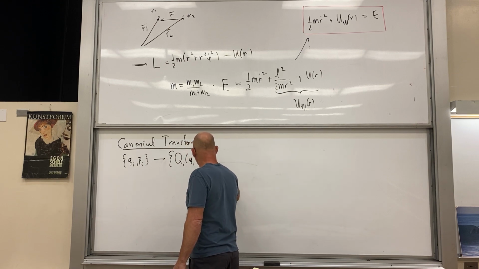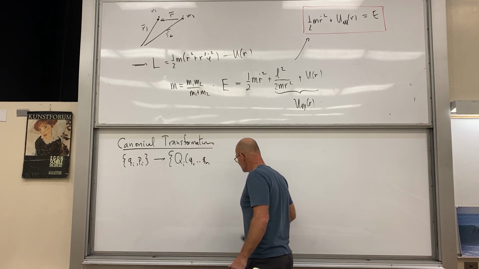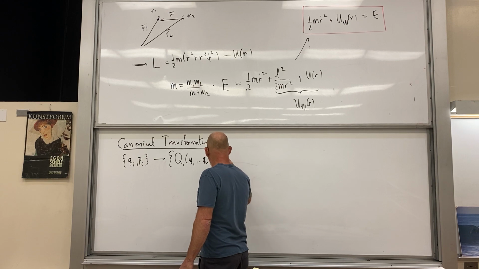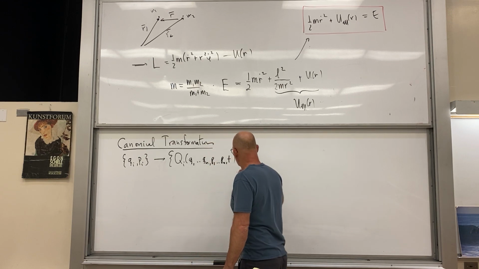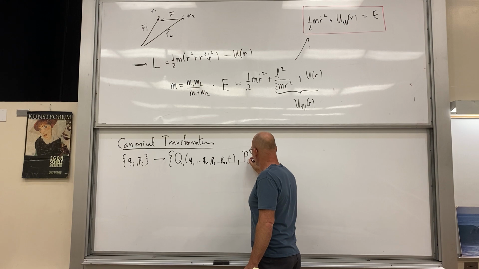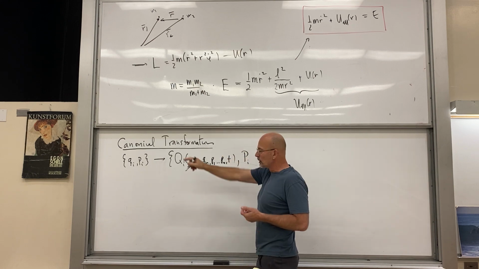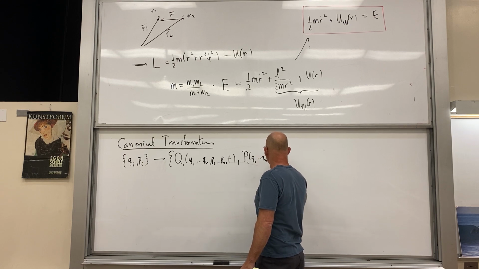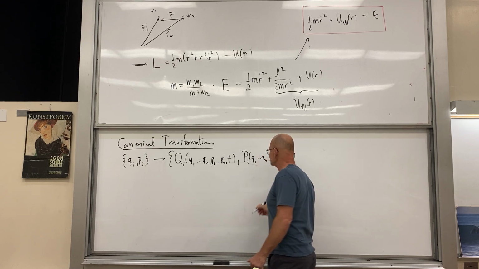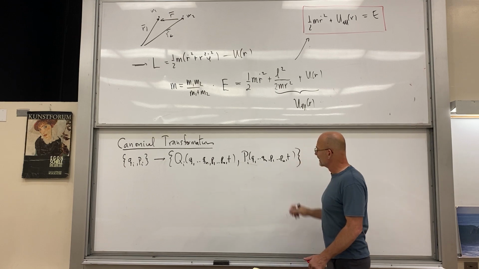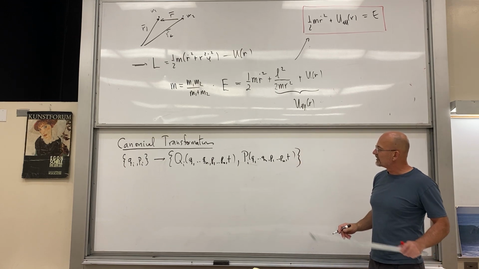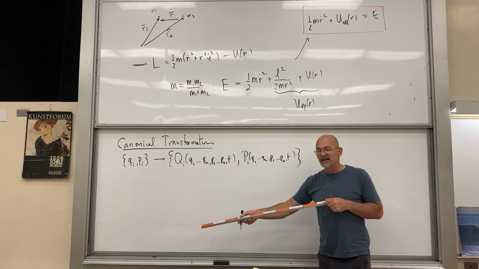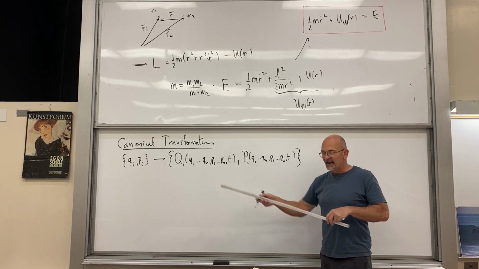And the point was that we had a lot of freedom here, because we have 2n variables. And so the new variables are just uppercase functions of the old variables: Q1 to Qn, P1 to Pn, and t. And we can do this because the sets of coordinates and momenta are all independent. We always have 2n of them instead of just n.